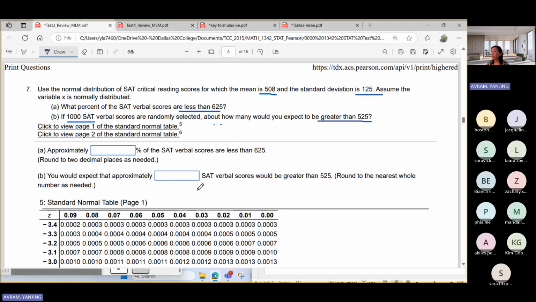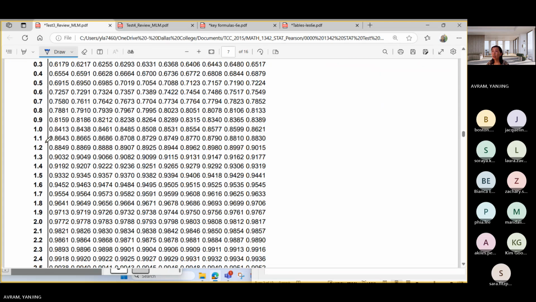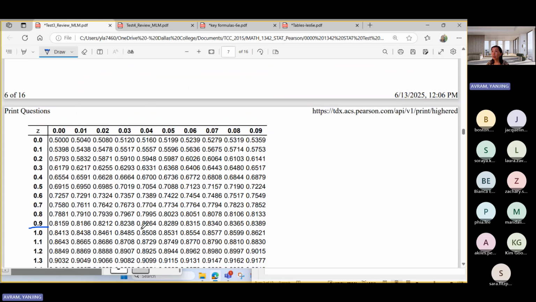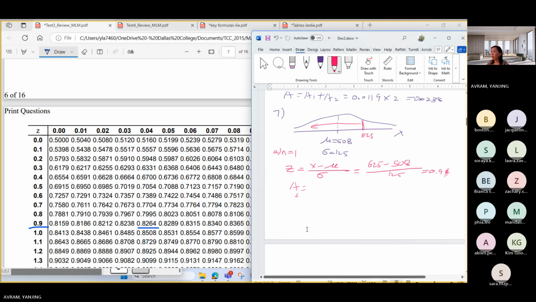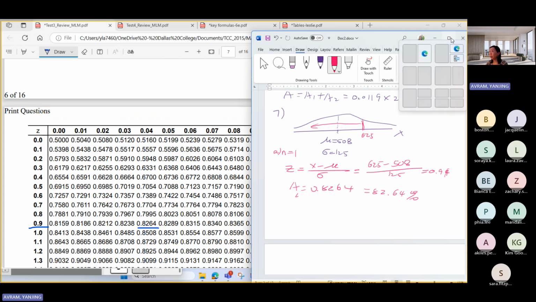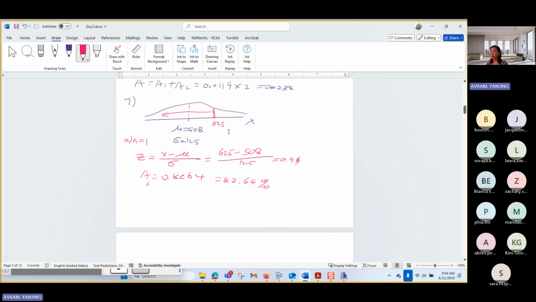Now reading the table: 0.9 right here, 0.04 right here, so it's 0.8264. So approximately 83% of the scores will be less than 625.